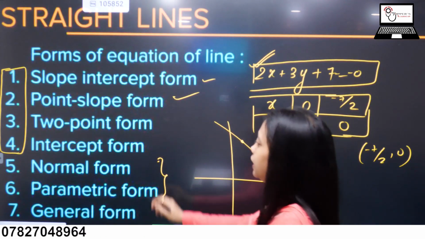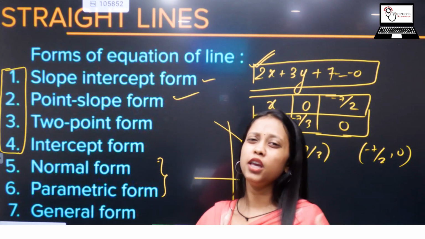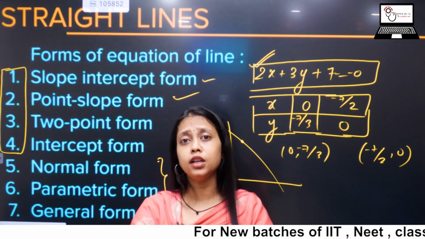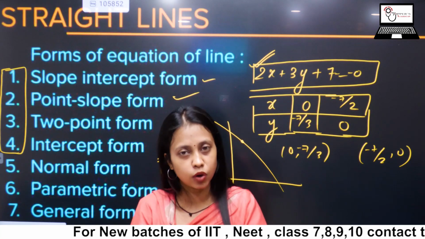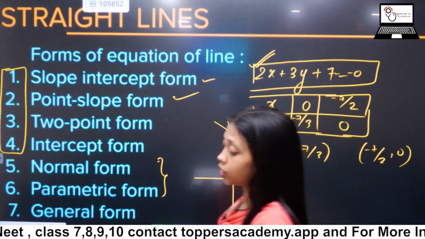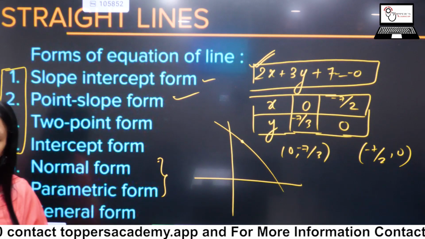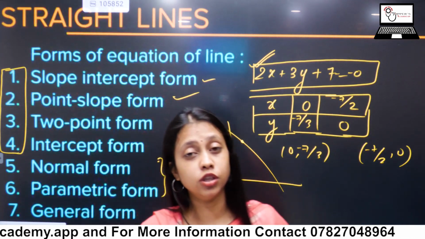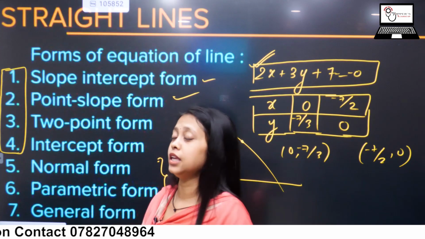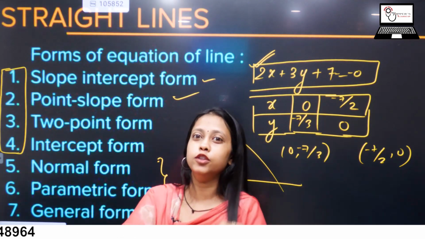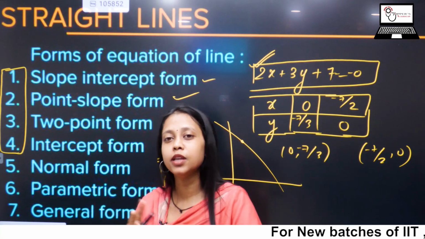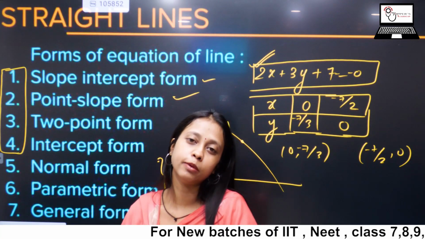Last, the fourth: intercept form. It's not very important, but sometimes this will help you to directly get your answer. Now in intercept form, I told you that two pieces of information are always required. So why are they saying one piece of information is enough? Actually, it's not. When they say intercept, they are talking about both intercepts, the x-intercept and y-intercept, which means again I have two pieces of information about that straight line.